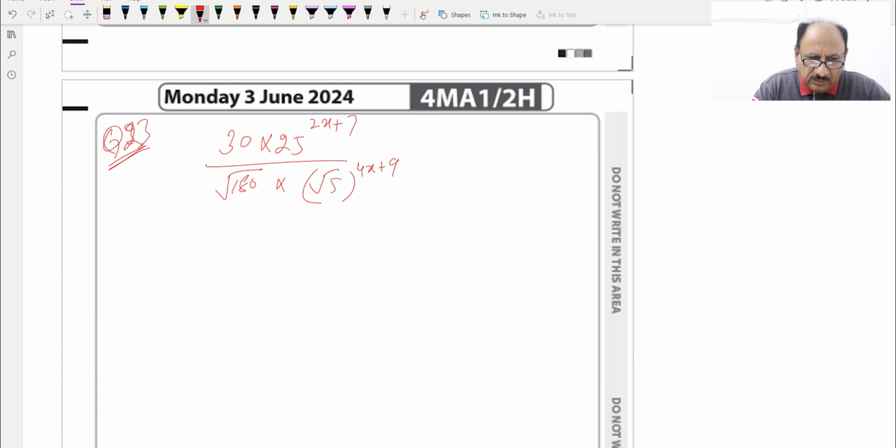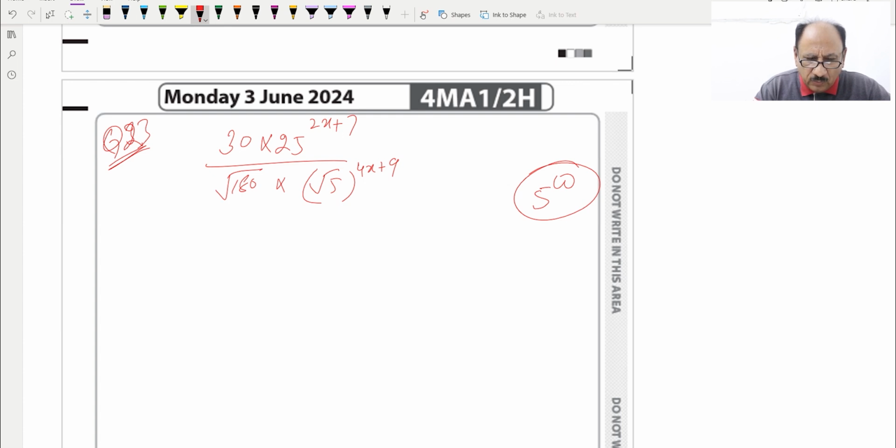We can give your answer in the form 5 raised to the power w, in this format. We have to give the answer in terms of x, where w is an expression in terms of x. Show each stage of your working clearly.